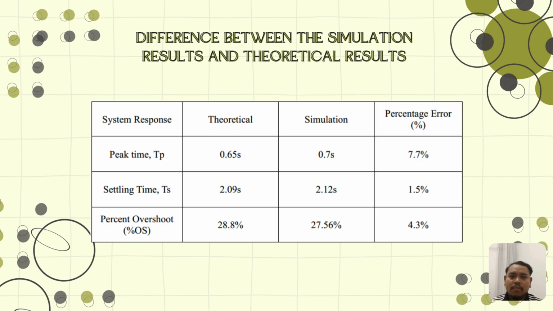The observed minor differences are due to the ideal assumptions in the theoretical derivation, numerical approximation fundamental to simulation, and rounding error or simplification in the parameter values.